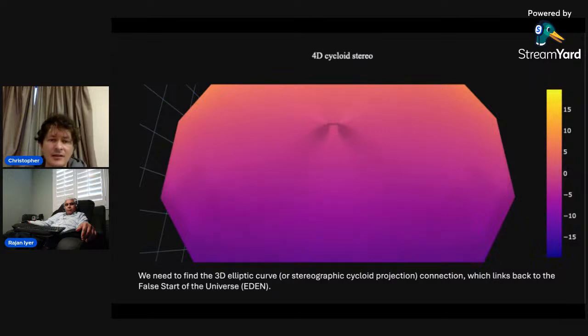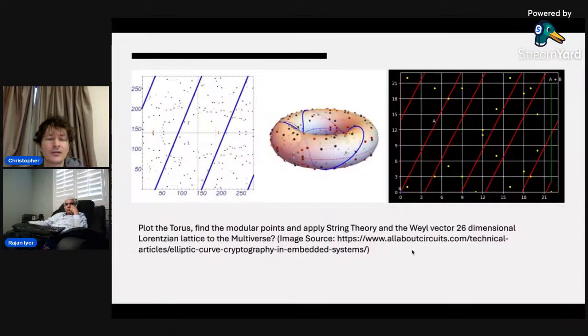In this case, it's actually a cycloid, which might be more accurate. So I'm thinking we need to find a 3D elliptic curve or stereographically projected cycloid that links back to the full start of the universe. I'm dubbing it Eden because it's sort of this infinite proto-universe, although that's not really quite accurate in any sense from a biblical perspective, let's say.